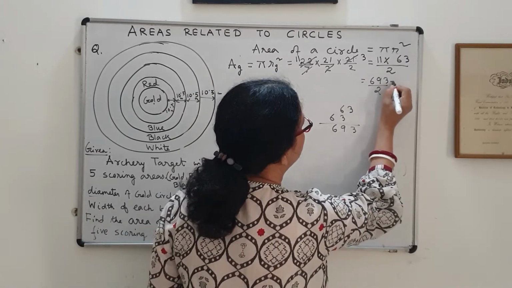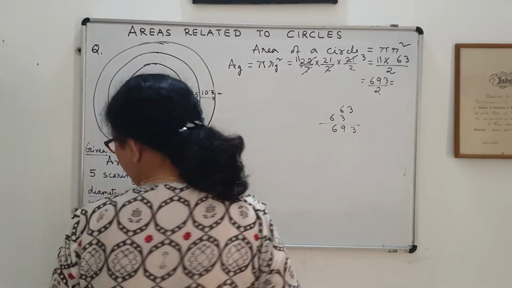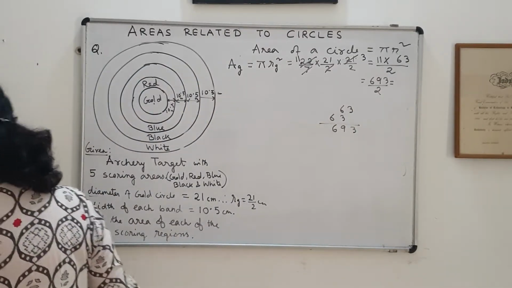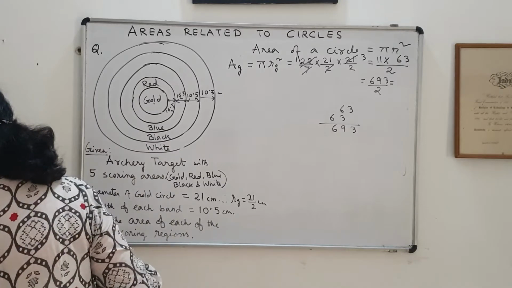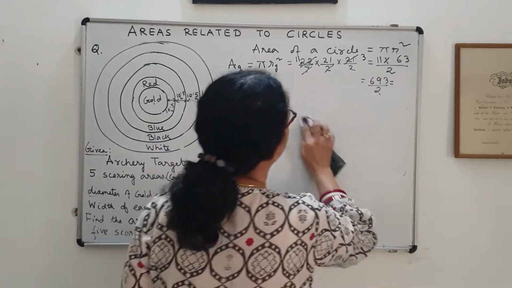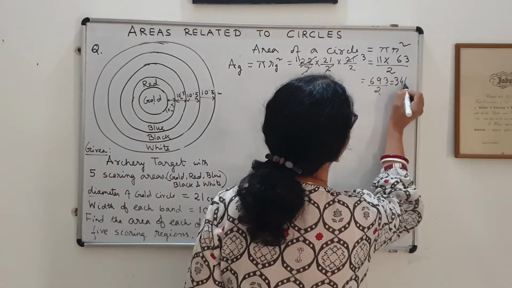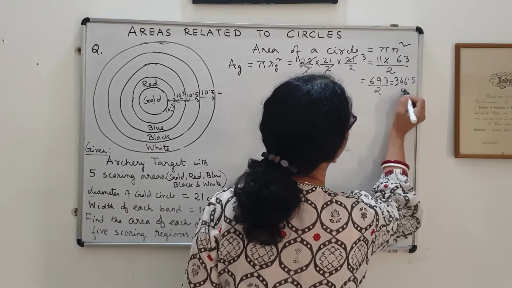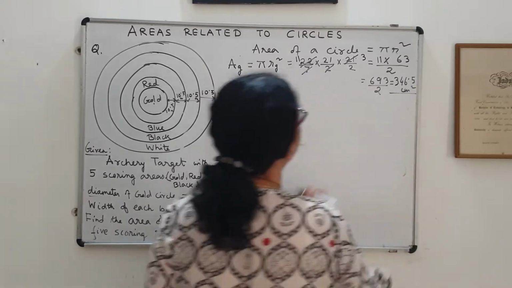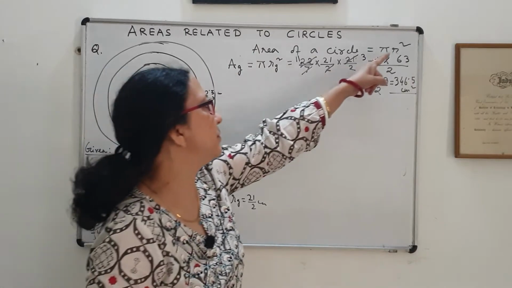Now, this calculation we have to divide by 2, it is very easy, we can do it. So, it will be 346.5, and the unit should be given centimeter square. So, this is the area of the first scoring region, that is the gold circle, that is direct, we have found using the formula.